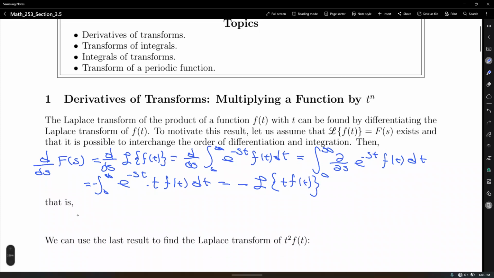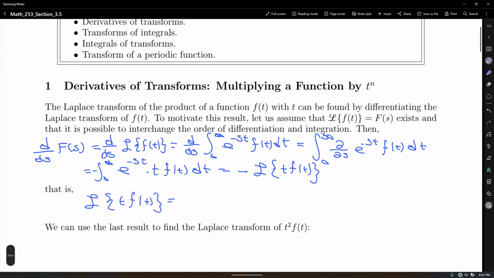This means that the Laplace transform of a function multiplied by a power of t, in this case the first power of t, we're going to get higher powers later, is negative the derivative with respect to s of the Laplace transform of the function. Find the function of s, differentiate it, and then multiply by negative one. We're going to talk about the negative in a second.